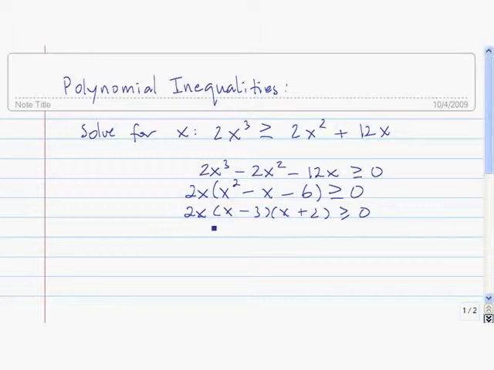Okay, so what we're going to do is find the values that make this 0 and plot them on a number line. 2x is equal to 0 if x is equal to 0. x minus 3 is equal to 0 if x is equal to 3. And x plus 2 is equal to 0 if x is equal to negative 2.